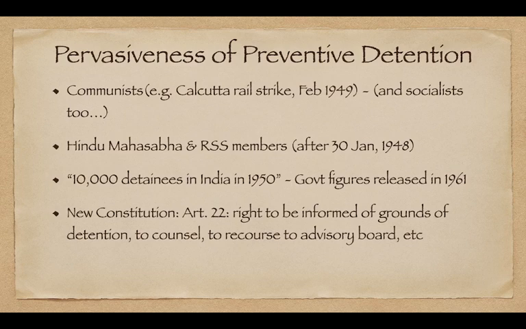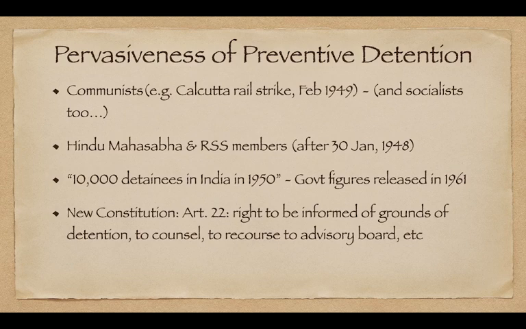Their members were also being detained. So this was, you might say, equality in play. It was not towards any particular political party or ideology. Communists as well as right-wing members were being detained under the Preventive Detention Enactments between 1947 and 1950.